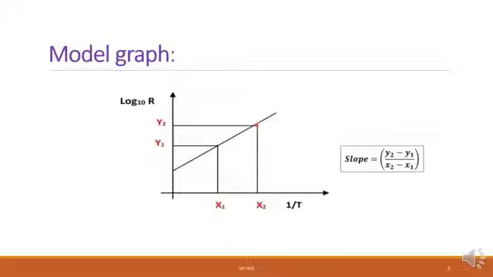We consider any two points on the straight line, represented by x1, y1 and x2, y2. Now, from the graph, we calculate the slope. For a straight line, the slope formula is y2 minus y1 divided by x2 minus x1. Now we substitute y2, y1, x2, x1 here, and we get the slope.